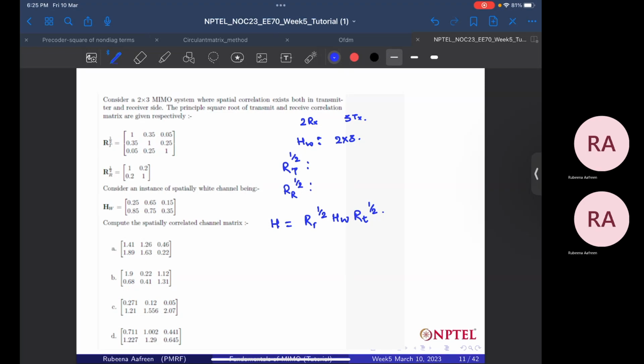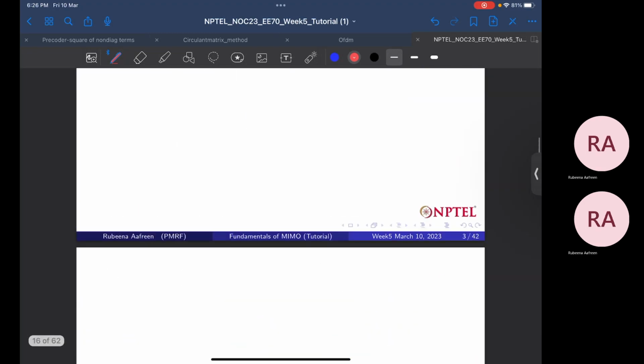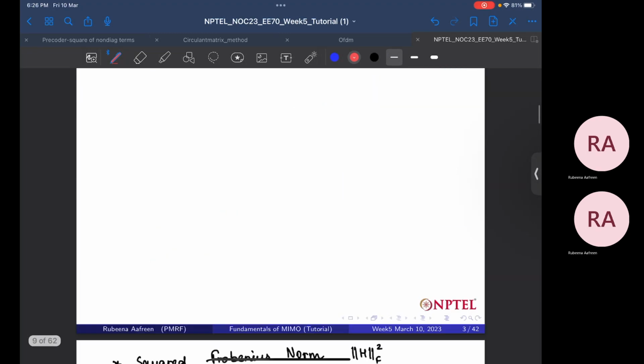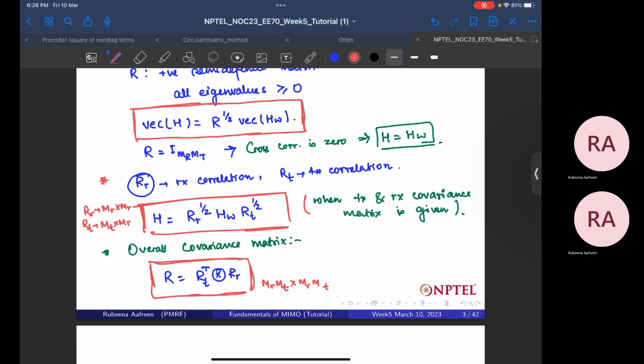So RR to the power of 1 by 2 is given here, and RT to the power of 1 by 2 is also given, HW is given. So you just put all the values and then you can find the spatially correlated channel matrix. The answer will come as D. Okay. So questions based upon these are very simple. You just need to know the formulas. So first receiver covariance to the power of 1 by 2 into spatially white channel into transmitter covariance to the power of 1 by 2.